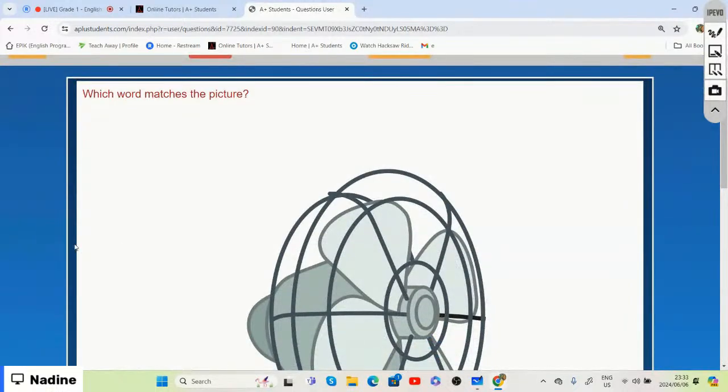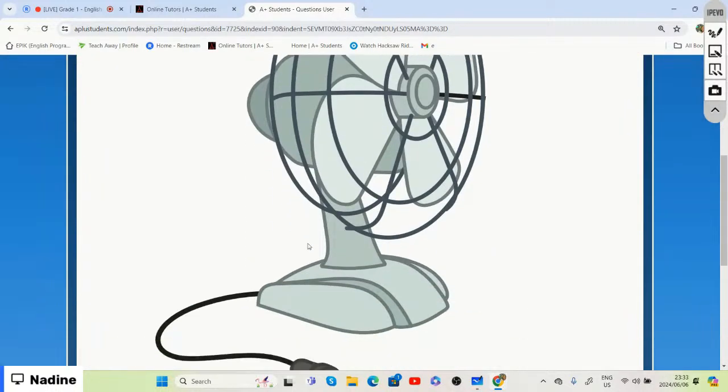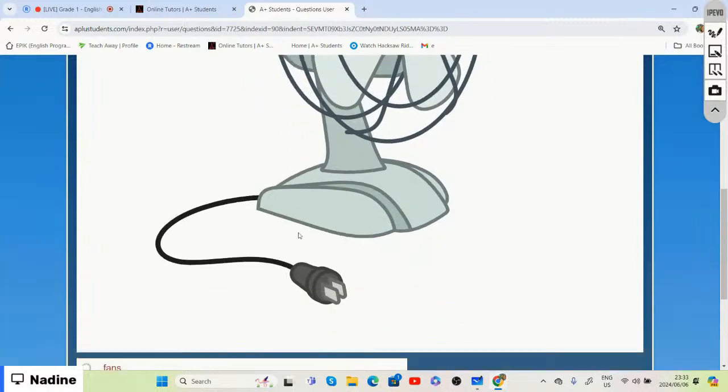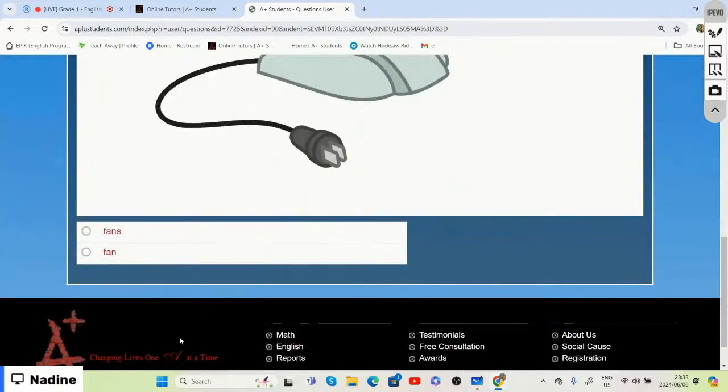We now need to say which word matches the picture. If we look at this thing, is this a fence or is it just a fan? One fan or fans?